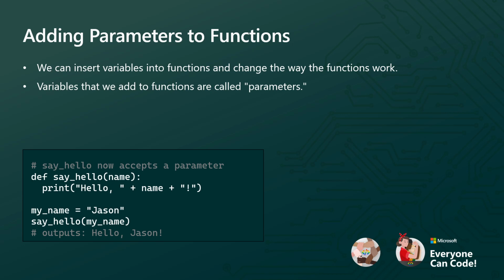So we create a variable called my name, just like we did before, and then we pass that value as a parameter to the function. So now when we say hello, my name, and my name contains Jason, what's going to happen when we run say hello, it will say, hello, Jason, or whatever name we pass to it as a parameter.